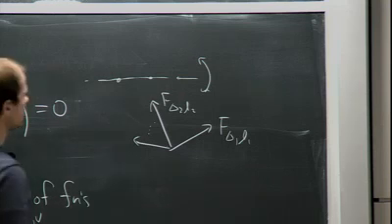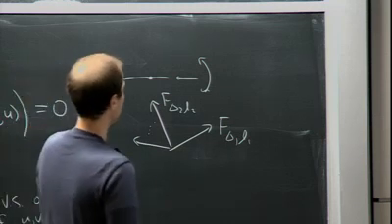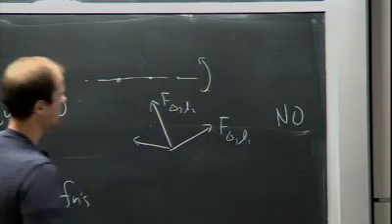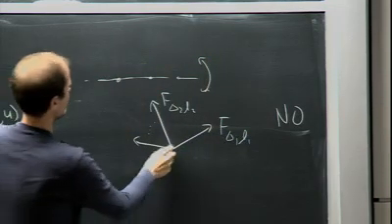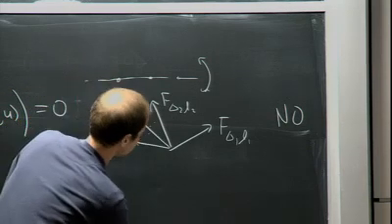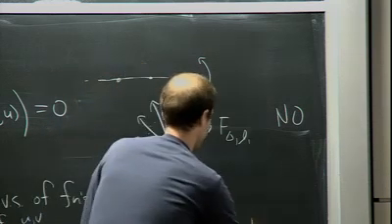And the answer is, well, it depends on the vectors. So in this case, it's not possible. If, let's say, these are all the vectors that we have. But in something like that, then it is maybe possible.